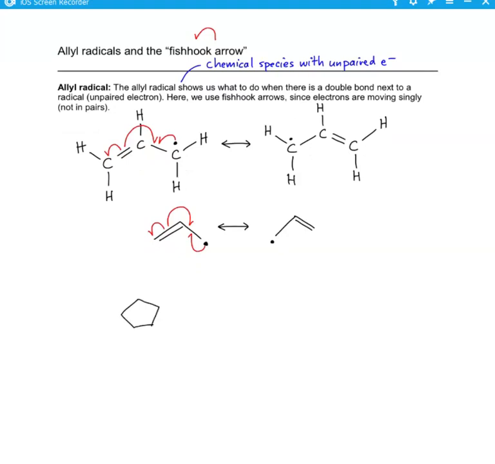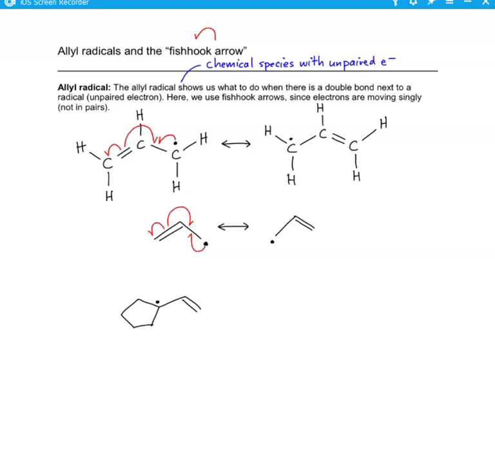Let's look at another example of this in the context of a more complicated picture. So let's look at this guy. Again, when you're looking for these patterns, look for things like double bonds, triple bonds, and charges, as well as unpaired electrons and lone pairs of electrons. So non-bonding electrons, charged things, and multiple bonds.